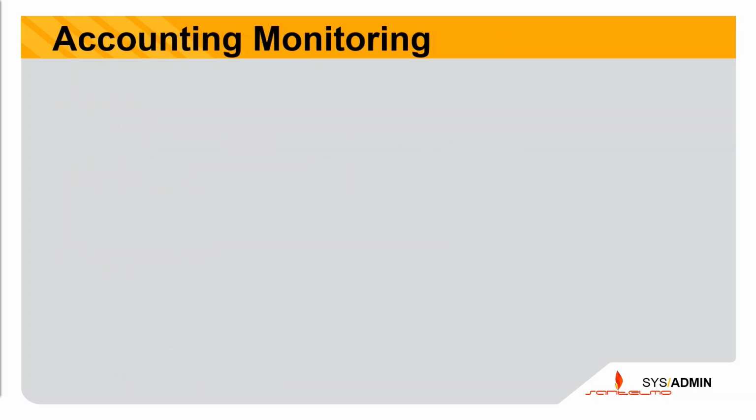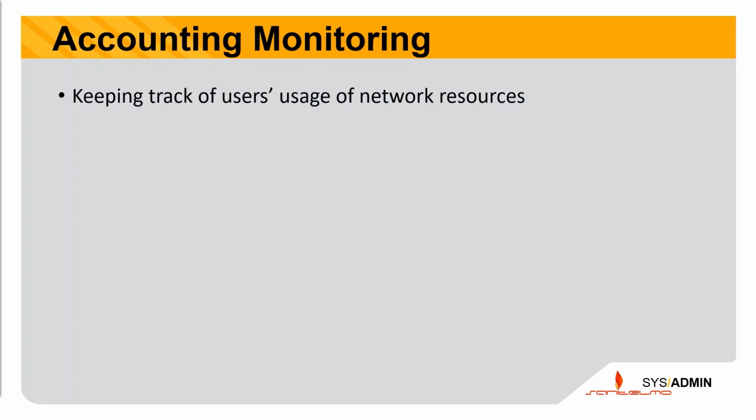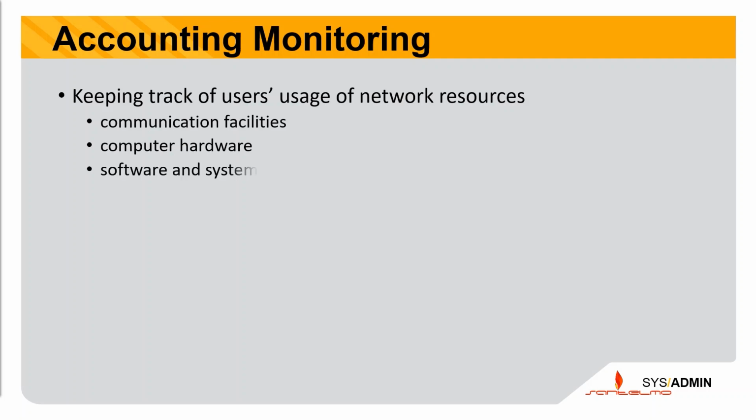Next, how about accounting? Accounting monitoring means keeping track of the user's usage of network resources: communication facilities, computer hardware, software, systems and services. So how do you monitor the utilization, for instance, of an employee? We use an application.